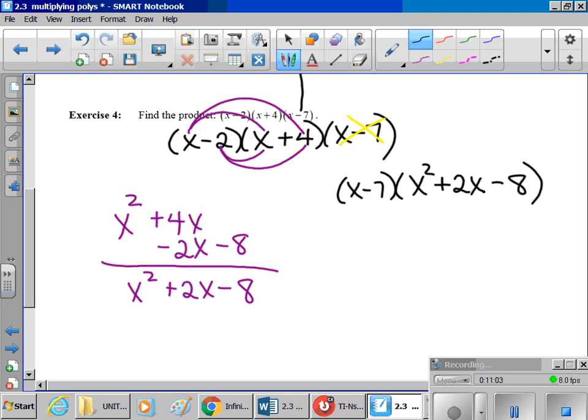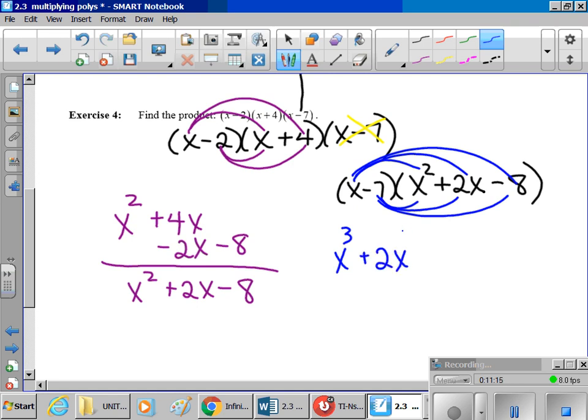And we're going to do that the same way. Loop, loop, loop, loop, loop, loop. All right, so we're going to have x cubed plus 2x squared minus 8x. So all I did was add an x onto the back of each one of those. And now minus 7x squared minus 14x and plus 56.